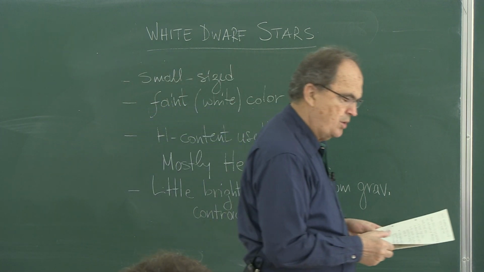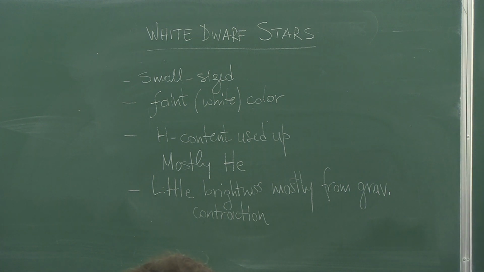This is quite a slow contraction in these stars, and that's our main properties. Small size, faint color, mostly helium, and little brightness is coming mainly from gravitational contraction.